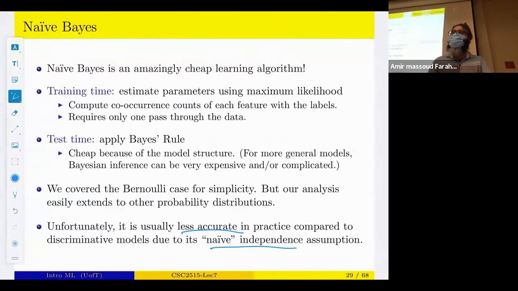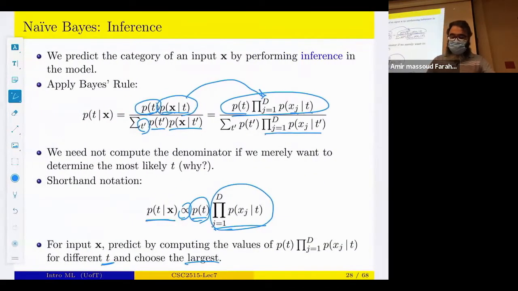Okay, any quick questions? One question: should we renormalize those values we get to get an actual probability for T? Yes, the question is whether we can renormalize to get actual probabilities.